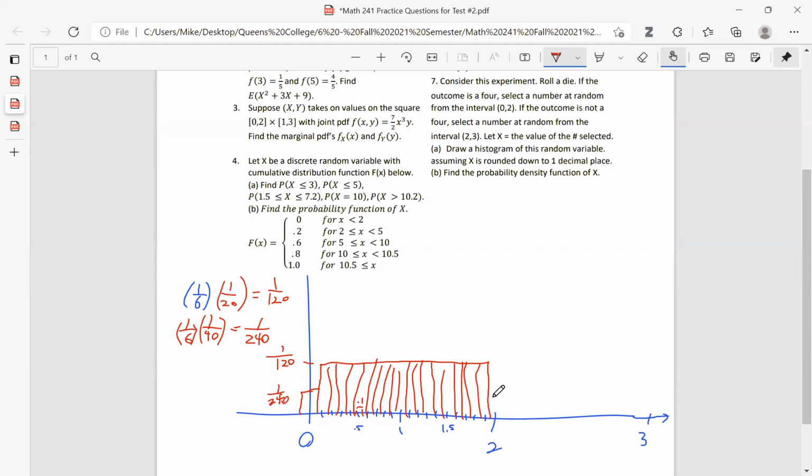There's also a 1 over 240 chance you would round up to 2. But there's also a chance you would round down to 2 if you choose a number between 2 and 3, so we have to consider that. From 2 to 3, you could have 2.1, 2.2, 2.3, 2.4, 2.5, 2.6, 2.7, 2.8, and 2.9. In order to get a number from 2 to 3, you would have to not roll a 4. So there's a 5/6 chance of not rolling a 4.